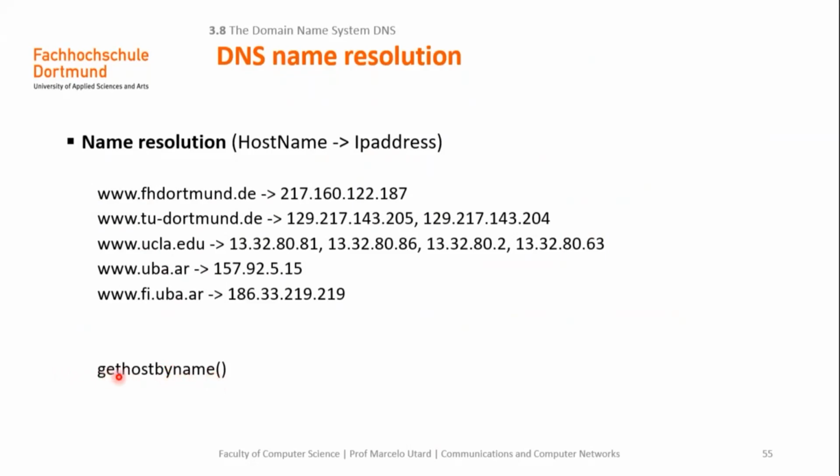When we use this function and pass the name as an argument, we get the IP address associated with that name, and the resolution of this association is performed using the domain name system.